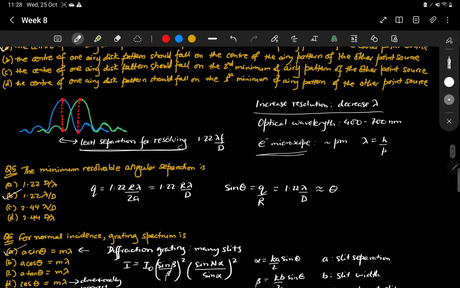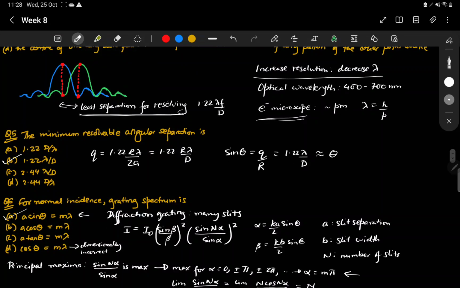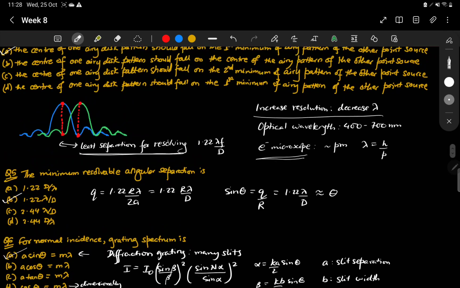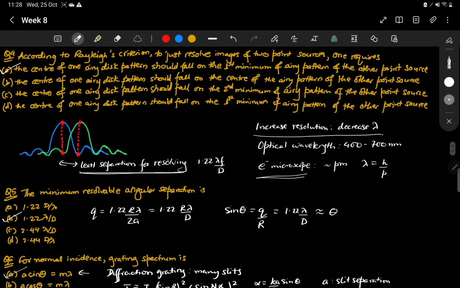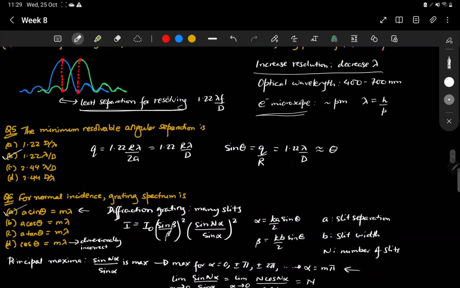So we can resolve better. So if the spatial separation for minimum resolvable distance is 1.22 lambda f by d, then the minimum resolvable angular separation would be 1.22 lambda over d.